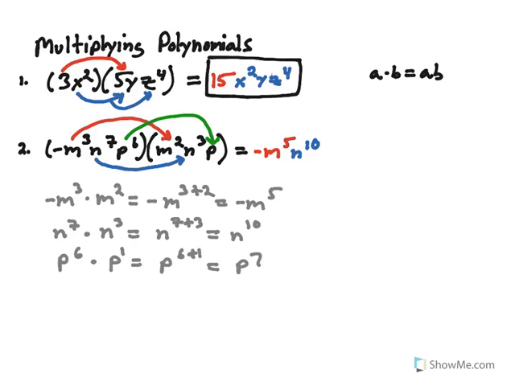So then you're going to get p to the 7th power. All right? So p to the 7th power, and then this is your answer. Okay? So that's how you multiply polynomials. You have to keep in mind the rules of exponents. Okay, so let's try another one.